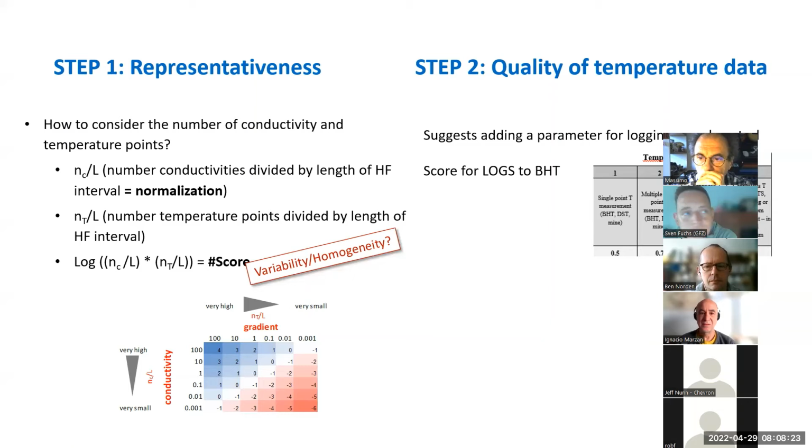Yeah, but I could easily imagine that by definition you would rate a continuous profile higher than single point BHTs.